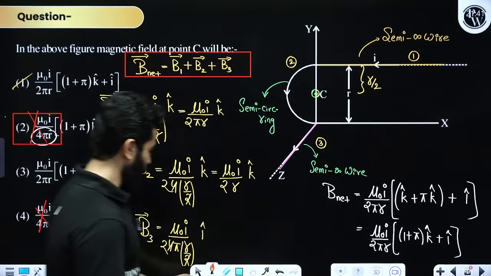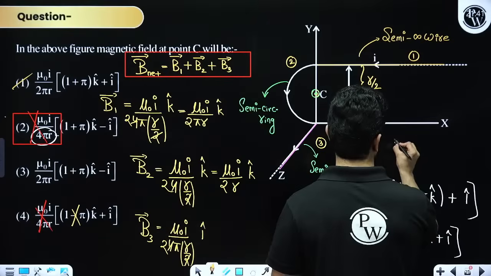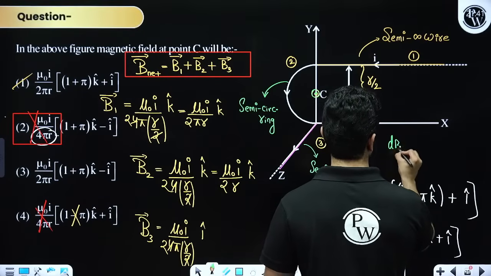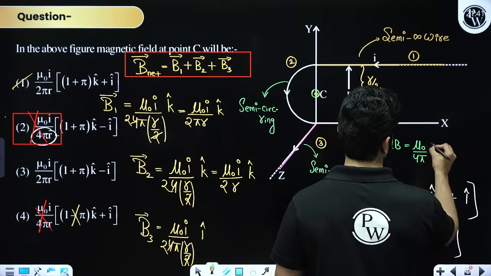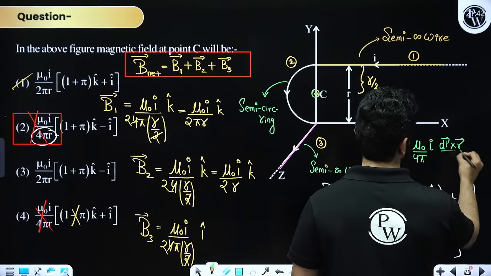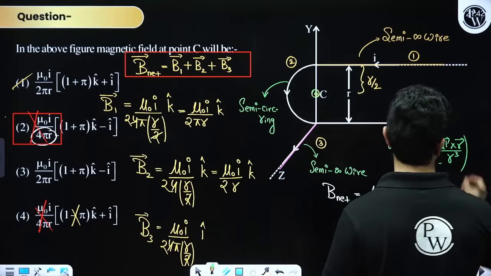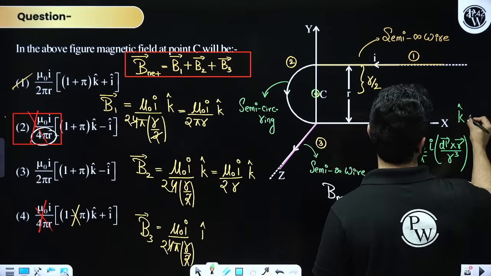Now you can also check the direction using Biot-Savart's law. Biot-Savart's law basically says, I'm going to write it down for you. dB is equal to mu naught upon 4 pi I dl cross r upon r cube, right? So dl is in k cap and r is in j cap.